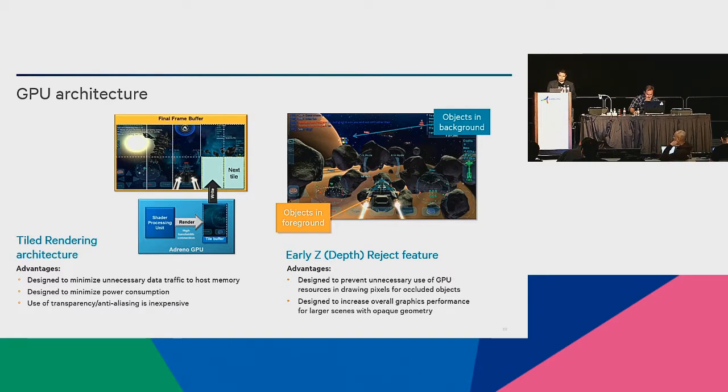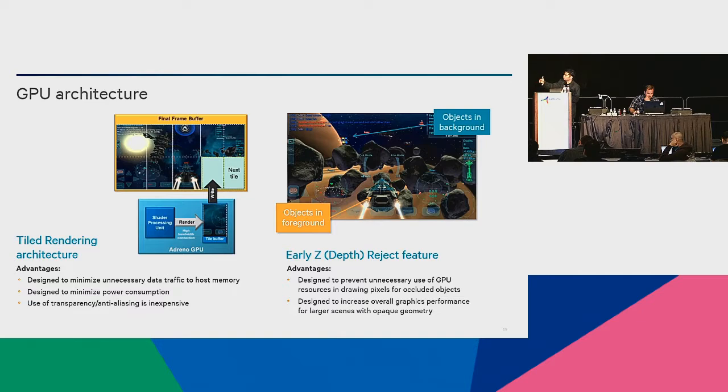Essentially, if you're using transparency or blending, those kinds of effects are less expensive in terms of performance. We also have what we call the early Z reject feature. This is important for you. When you're drawing a scene in a game, you always have to draw front to back. In this particular scene, you're drawing a spaceship first, then the rocks, then the planet, and the skybox.